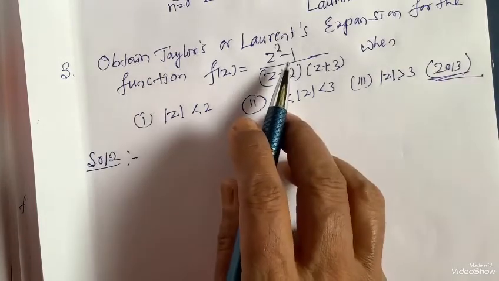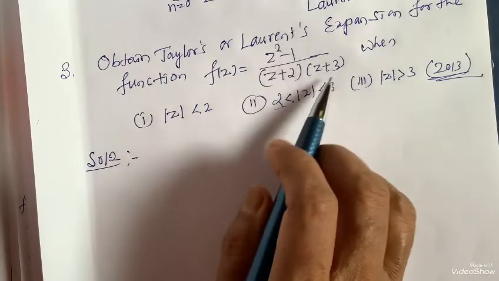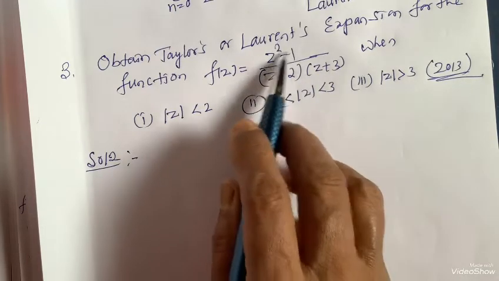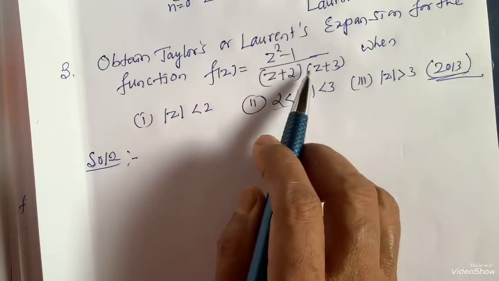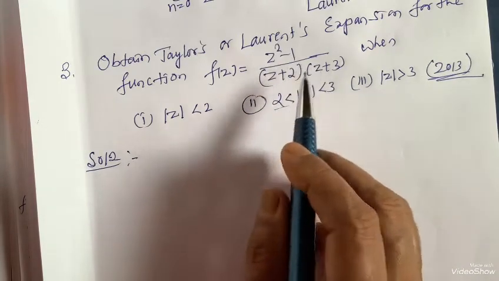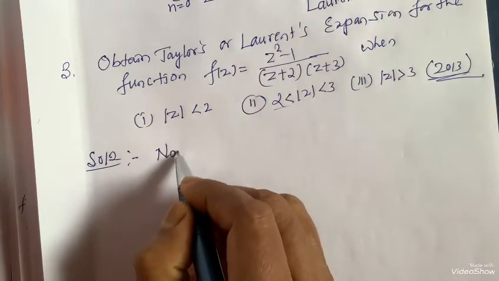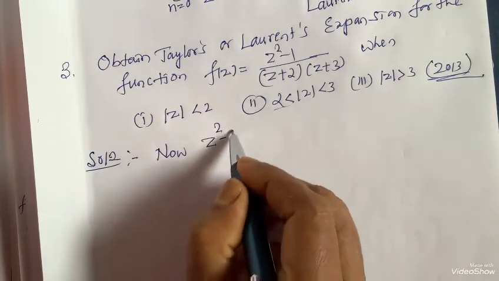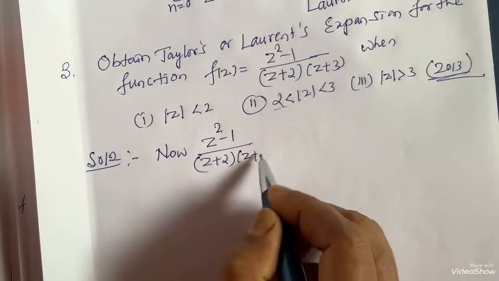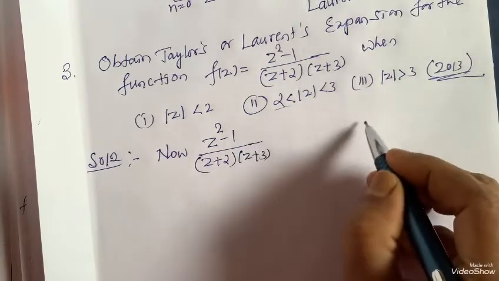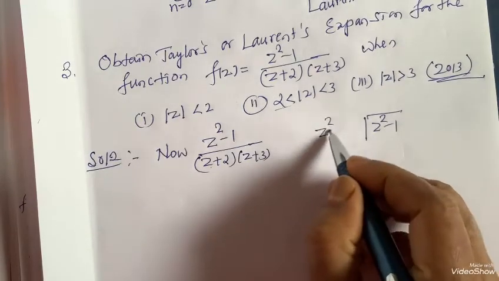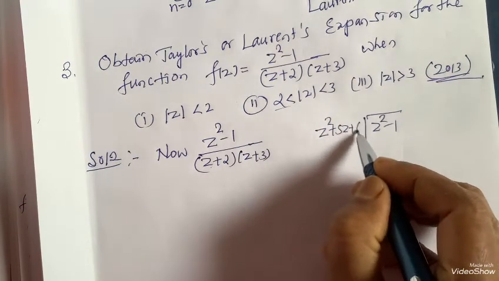Directly you don't go for the partial fraction because this fraction is improper. Degree of the numerator is same as degree of the denominator. So you divide first. You divide z square minus 1 by z square plus 5z plus 6, and then you get the quotient and then go for the partial fraction. So now z square minus 1 divided by z plus 2 z plus 3 can be written as, see how to divide it, z square minus 1 and this product is z square plus 5z plus 6.